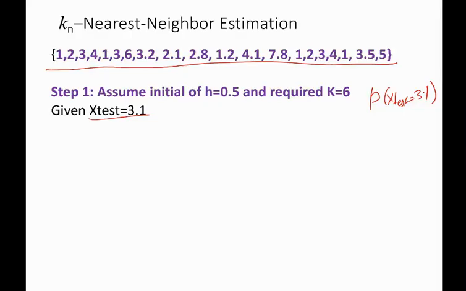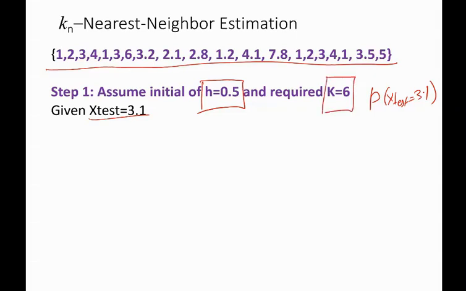Now for the sake of simplicity, I have taken initial h to be 0.5. Okay, you can take a lesser value also. So if you write a program for this, then you can set different values. So program will do this counting job, that we will do it here manually.